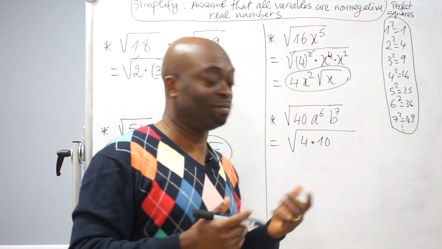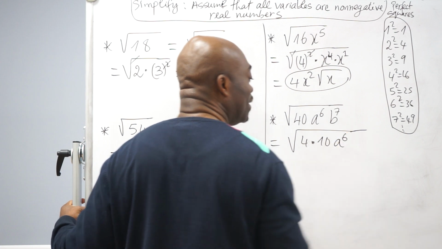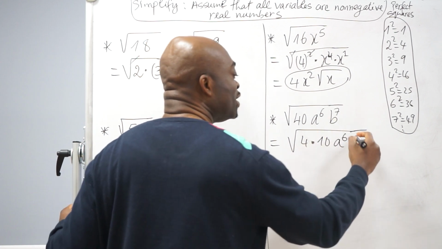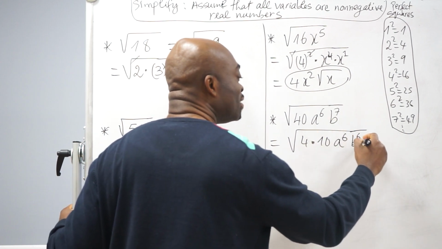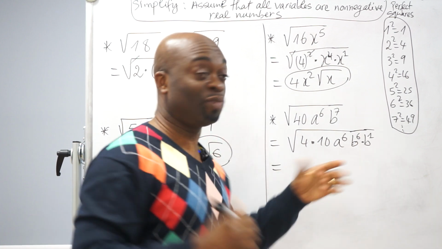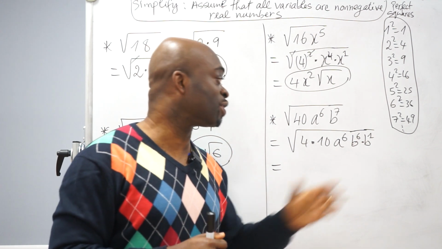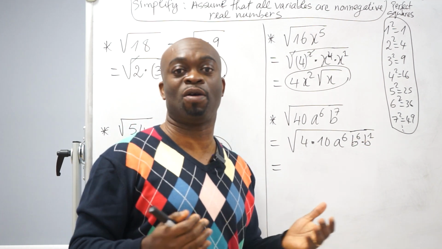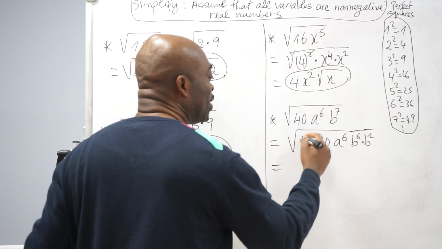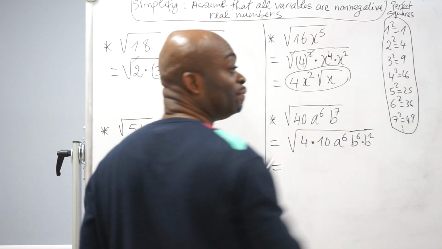Now what about b to the 7th? So let's go at it. So a to the 6th, we can keep it. And then what happens to b to the 7th? That will be b to the 6th times b to the 1st, because remember, we break it down into 2 factors that you can multiply. So it's b to the 6th times b power 1. Okay? And then what about the 4? The square root of 4 is 2.